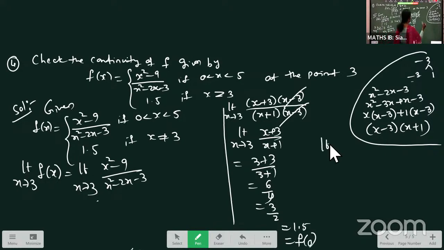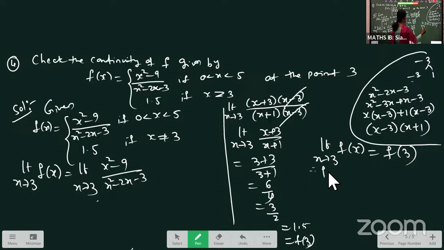So limit x tends to 3, f of x value is equal to f of 3 we got. So it means f of x is continuous. f of 3 value and limit f of x value are the same. Therefore, f of x is continuous when x is equal to 3.